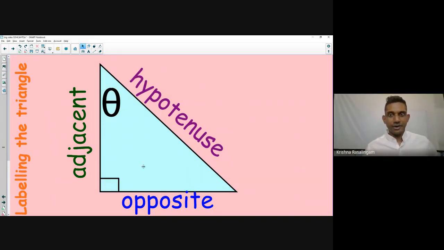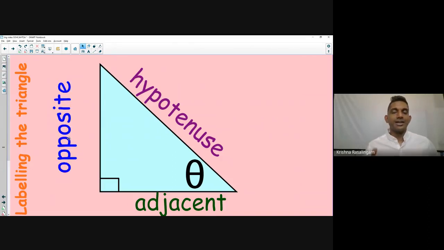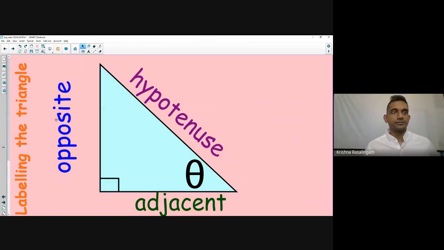So here, if I move theta from there to there, this opposite will now become the adjacent, and the adjacent will now be opposite the angle. The diagonal stays the diagonal, so the hypotenuse is still the hypotenuse.